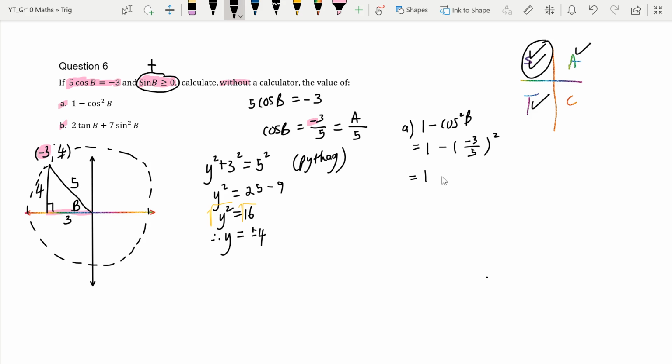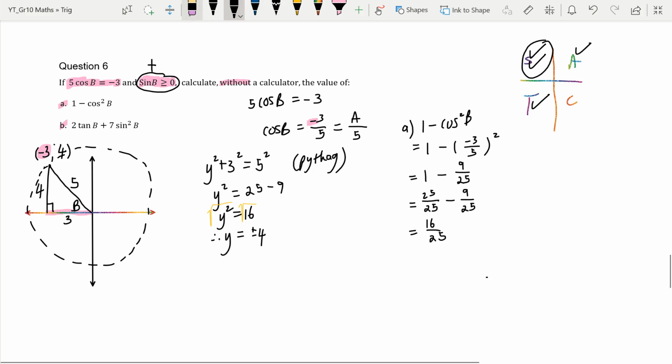And then if I square that, it would give me 9 over 25. And if I make those denominators the same, because that's how we subtract our fractions, that will give us 16 over 25. So we found the value of number A, 1 minus cos squared beta.